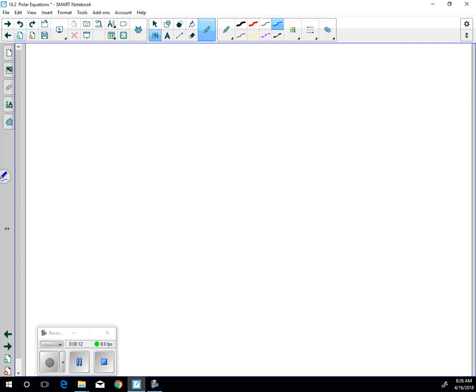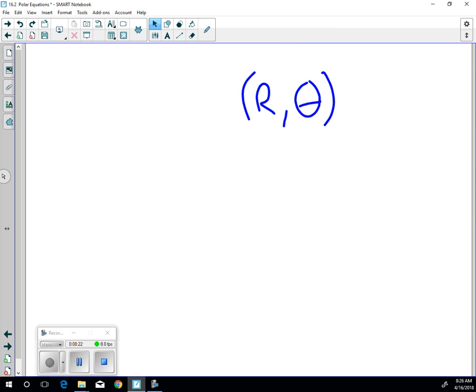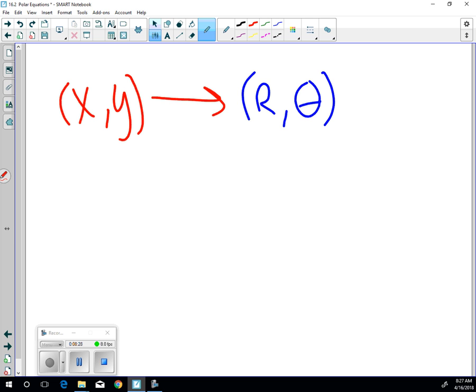So in review, when you're starting with x, y and you're converting to r, theta, what you're going to do is r is the square root of x squared plus y squared.